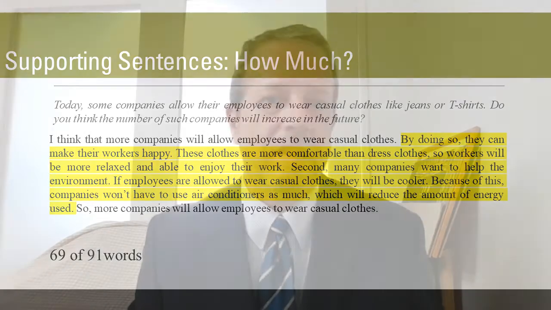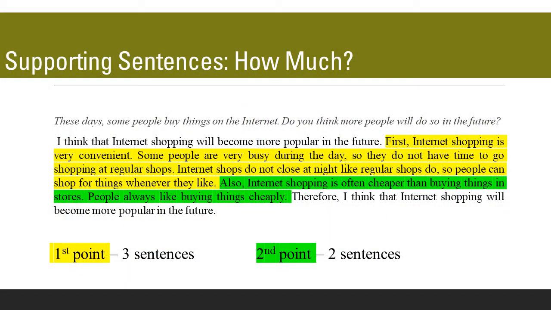And remember, the recommended length for your answer is between 80 and 100 words altogether. So the first one again, 63 words. The second one, 69 words just for supporting sentences.